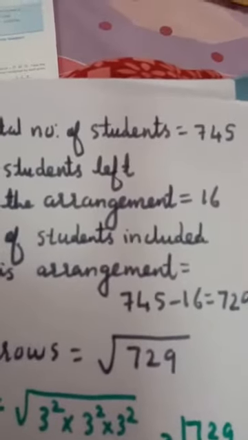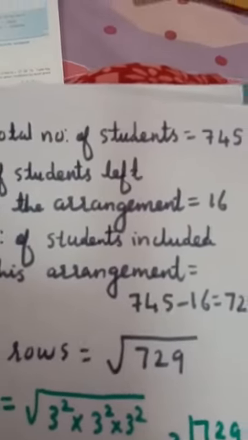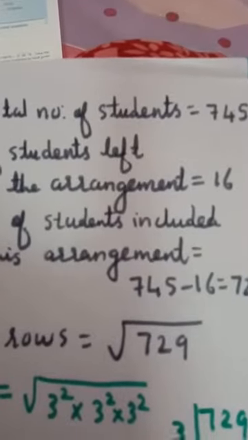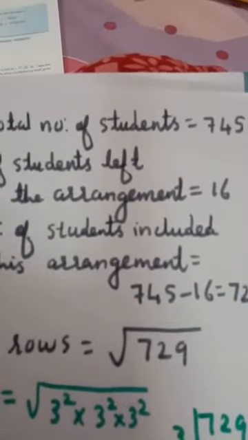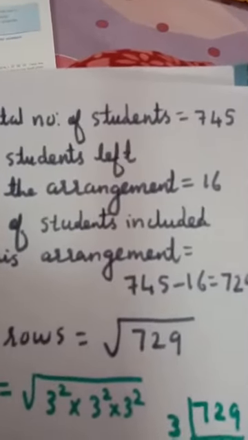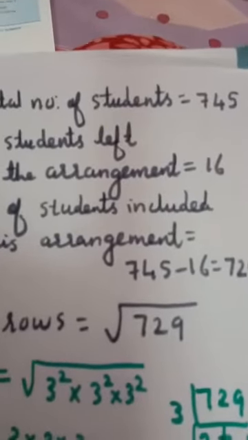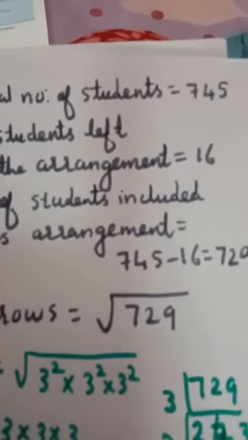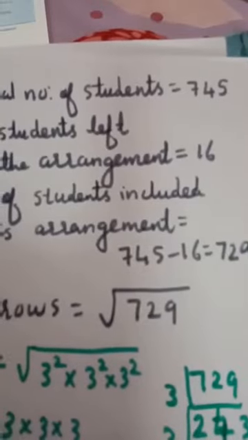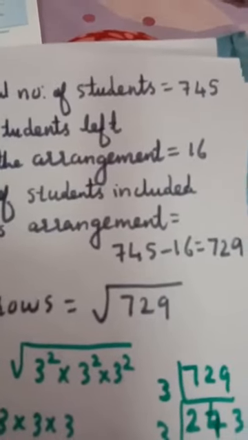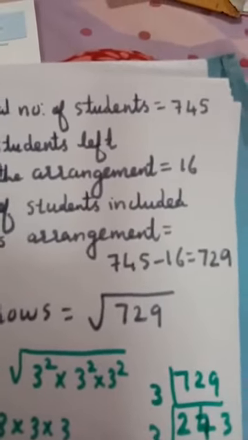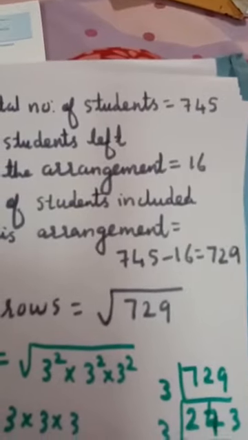Total 745 students are there in the school, and out of that they arranged them such that the number of columns and rows are equal, but 16 students are not included. If we included them, the rows and columns would not be equal. That's why they exclude 16 students from the arrangement.